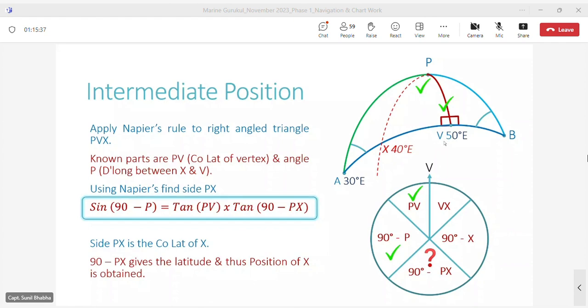Vertex longitude is calculated. Earlier, we calculated the position of the vertex, and longitude of X will be given to us. So we have to find the D long between them. That will give us angle P. Okay, sir. Thank you.